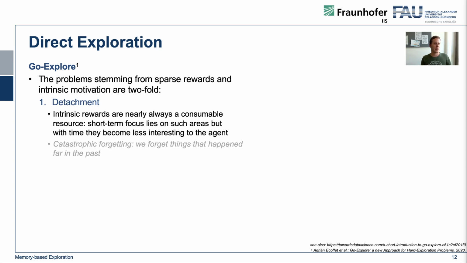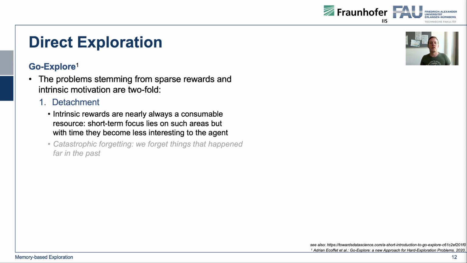The problem is that intrinsic rewards are always a consumable resource. So we have an intrinsic reward that's defined on some kind of novelty over states. However, if we have seen those states, these intrinsic rewards will become invisible and they will get lost. So they go away. A short-term focus hence lies in such areas, but with time, such an area becomes less interesting to the agent.